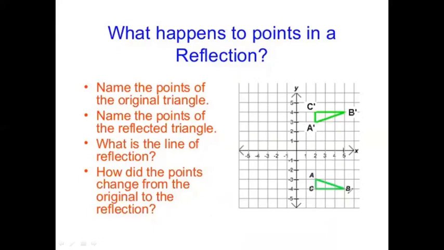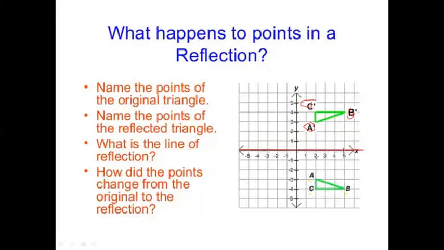It is using capital letters but doesn't have the prime symbol, and here you have now the symbol, so that is why this is the image. Okay, and the line of reflection is the x-axis.